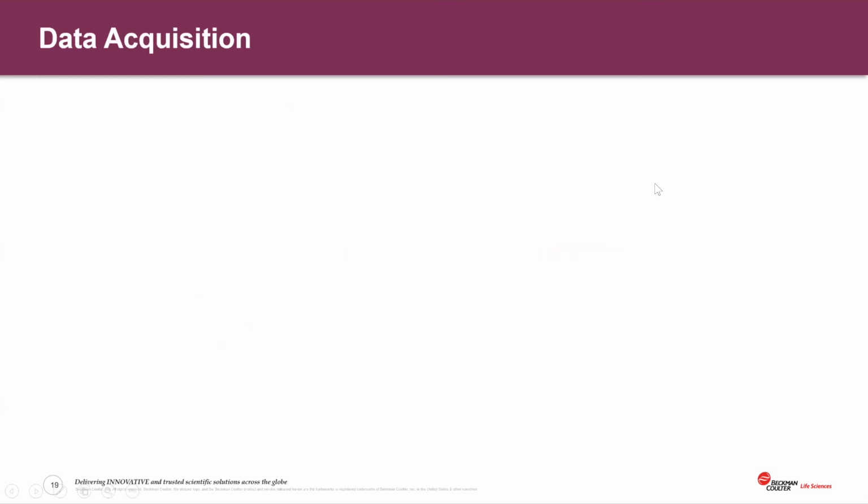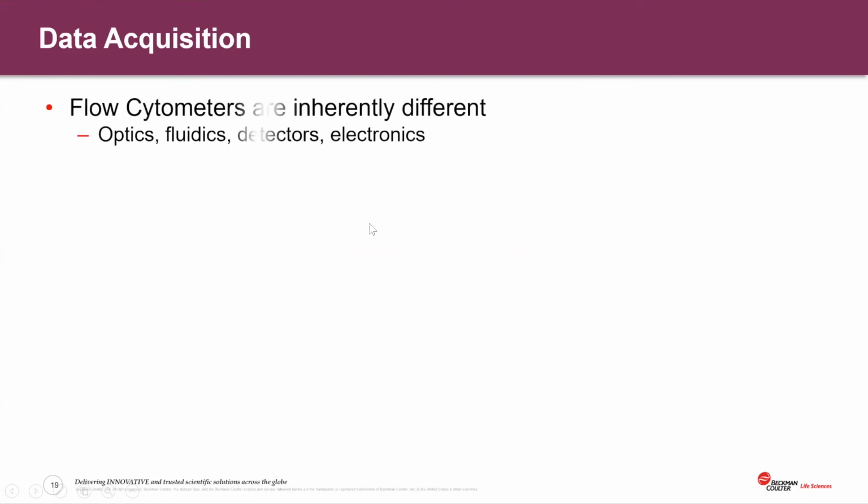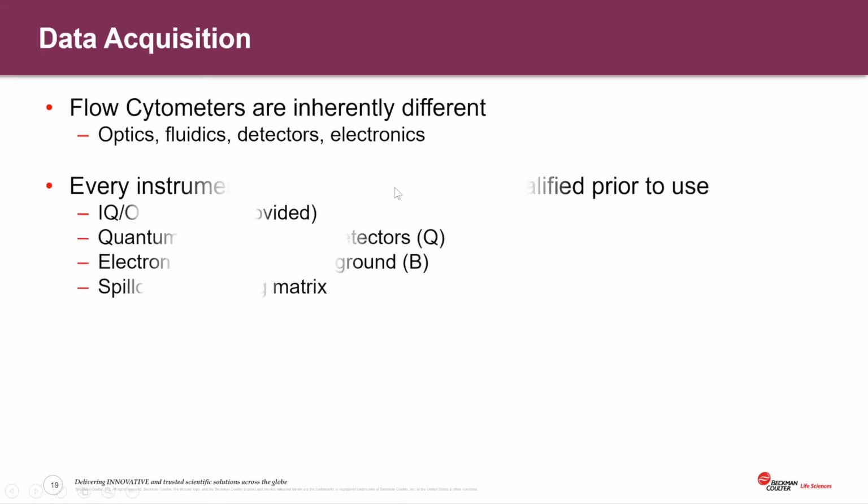Now that we've acquired the data and we trust that the data has been accurately acquired and we know that our instrumentation has been optimized, we're going to go on to data acquisition. So when we look at the data acquisition itself, it is important to understand that all flow cytometers are inherently different, whether that relates to optics, fluidics, detectors, and electronics.